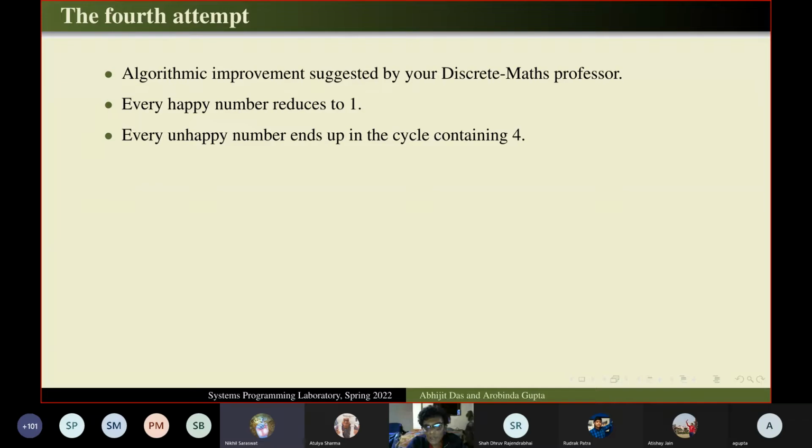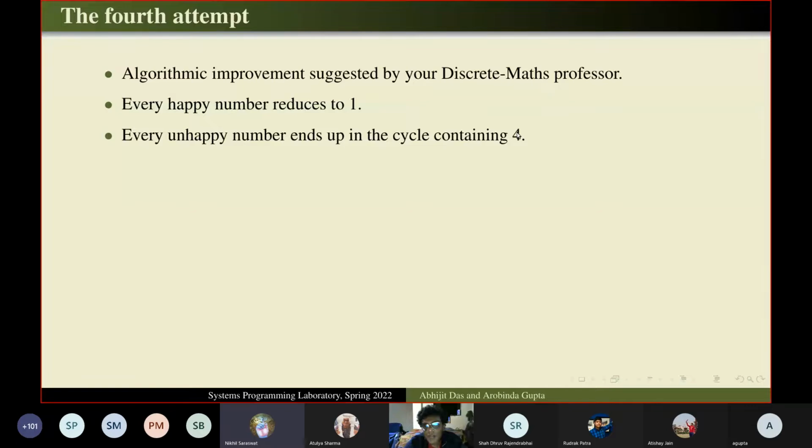Do you remember the 2022 cycle? It contained 4. So whatever the unhappy number is, it will eventually end up in this cycle. No other cycle. Therefore, you do not need to remember which numbers are generated or not. If you eventually come to 1, declare that number as happy.